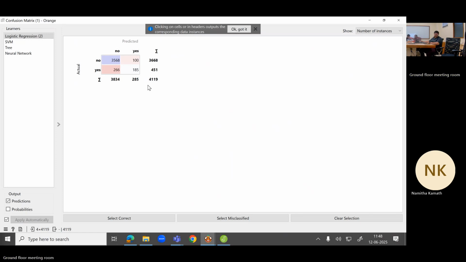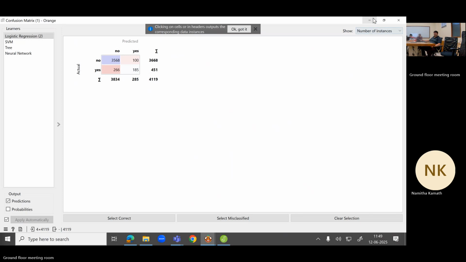Yes, right. If I look from that perspective, still logistic regression seems to be better. All four are getting the same.